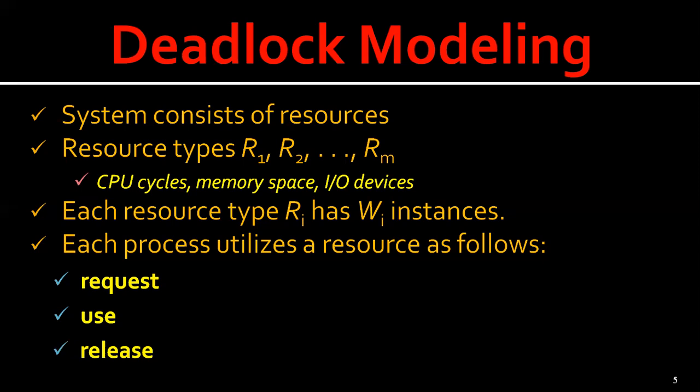Once the requested resource is allotted, the process can operate on the resource, that is, use it. Then once after finishing its job, the process is going to release the resource. So here, the request and release of resources are system calls.